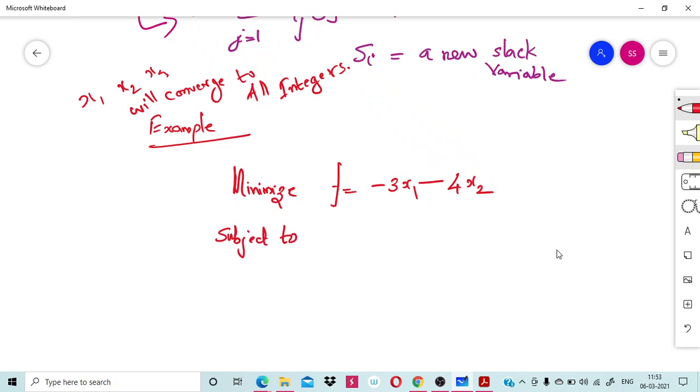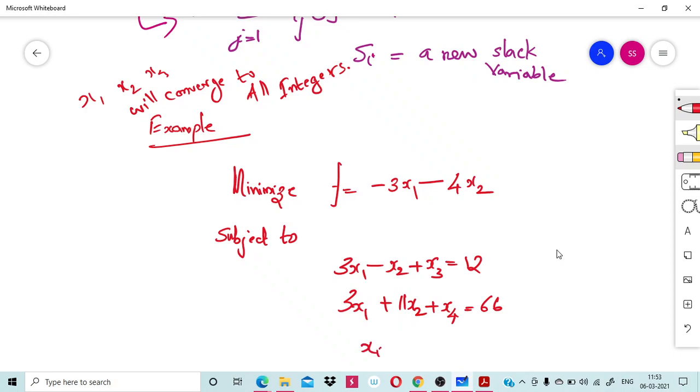After introducing slack variables or surplus variables, we got it like this: 3x1 minus x2 plus x3 equal to 12, then 3x1 plus 11x2 plus x4 equal to 66.